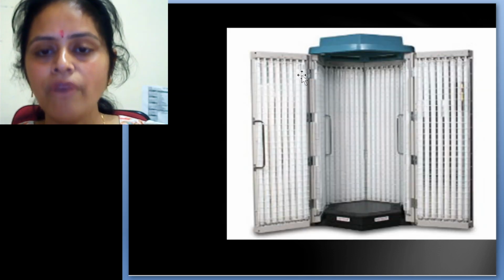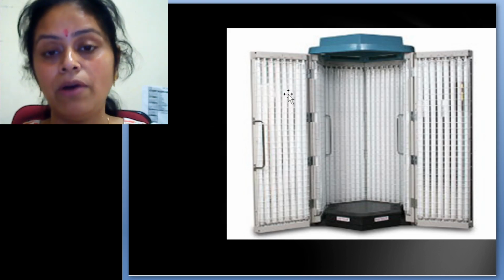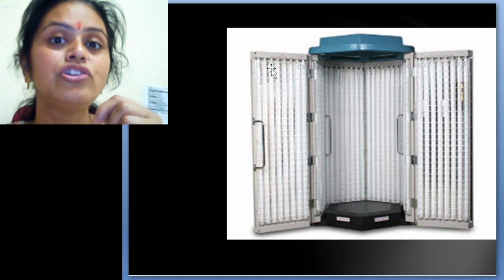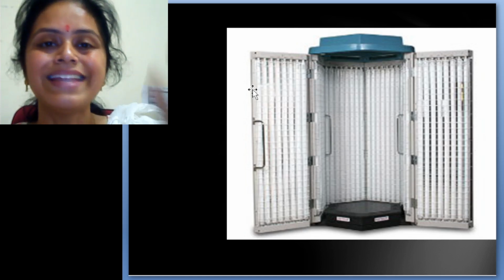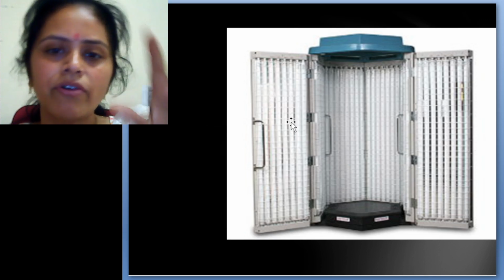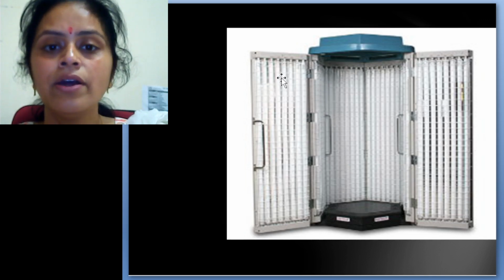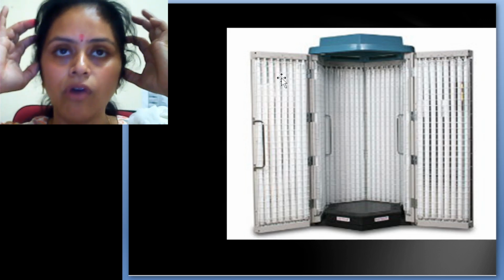This is the chamber of UV radiation. This chamber contains the fluorescent tubes that I talked about earlier on the Therectin tunnel. Those 120 centimeter tubes, around 50 to 60 of them, are fitted all over this chamber.